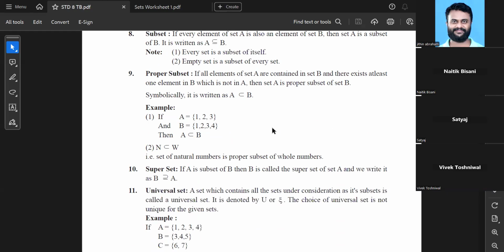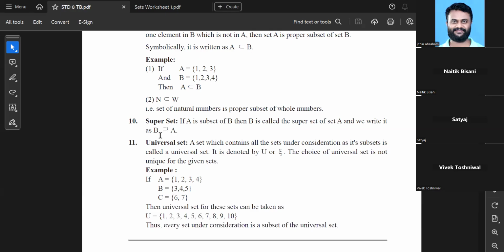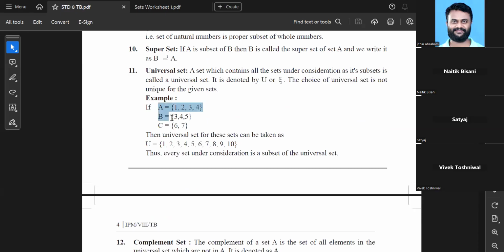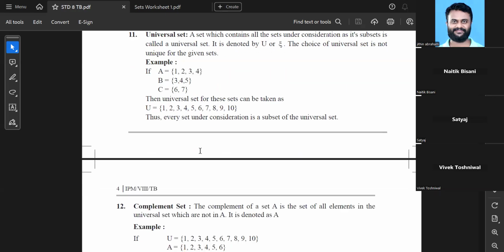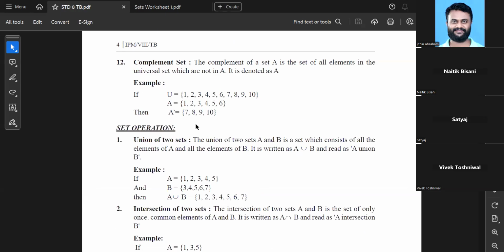A proper subset means A will have fewer elements as compared to B, and it is definitely included in B. Superset: if A is a subset of B, then B can be called a superset of A. That means if A is included inside B, then B is a superset of A. A universal set, if there are three sets A, B, C, should comprise all the elements in A, B, and C without repetition. We don't need to repeat anything.